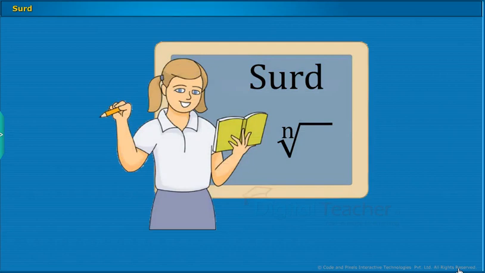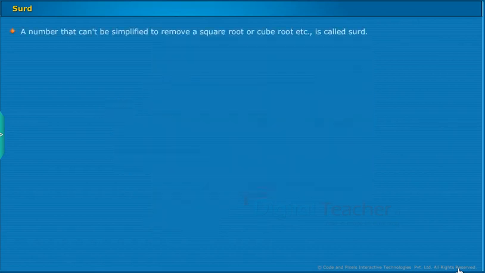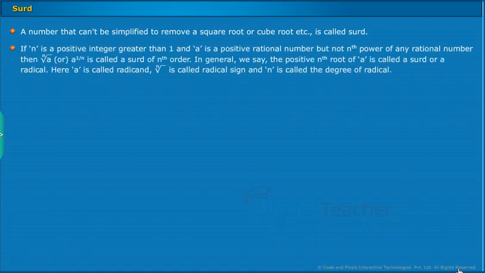Let us discuss surds. A number that can't be simplified to remove a square root or cube root etc. is called a surd. If n is a positive integer greater than 1 and a is a positive rational number but not the nth power of any rational number, then the nth root of a, or a^(1/n), is called a surd of nth order.